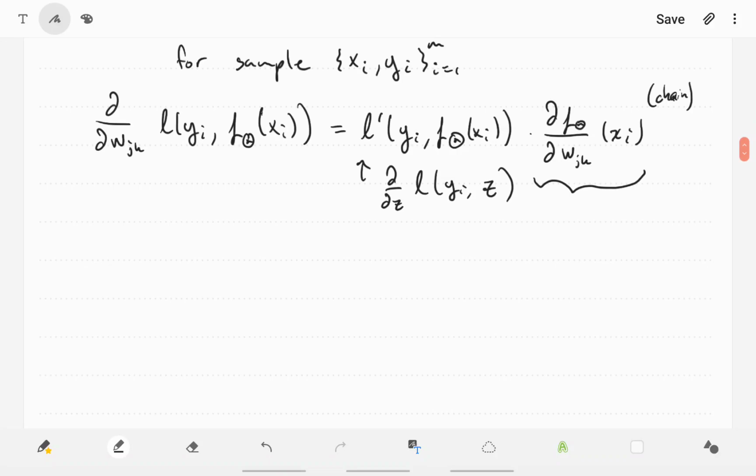Okay, well, let's do a little experiment in this example. Let's think about the partial of f sub theta of xi with respect to wjk. Right?